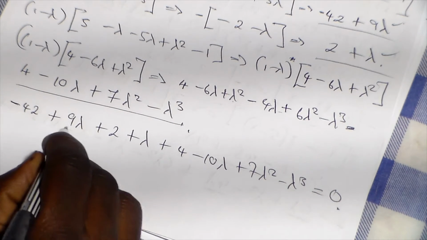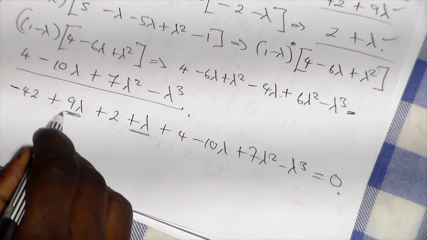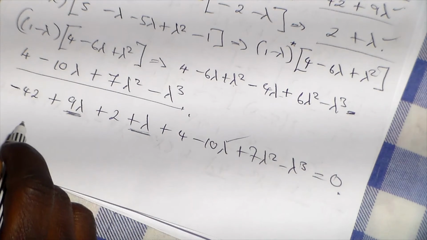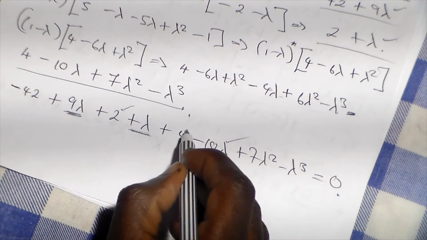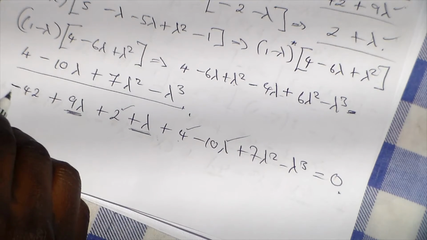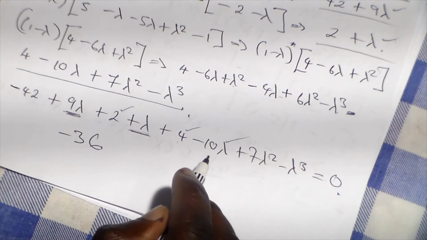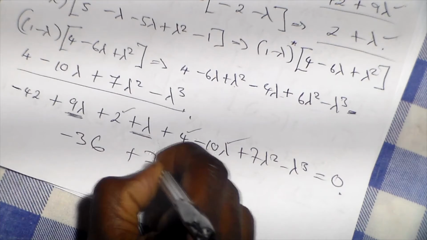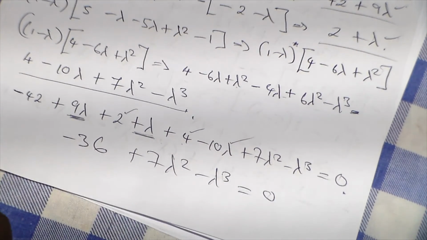So we are saying 9 lambda plus this lambda minus 10 lambda will get a 0. And then 2 plus 4 is 6, and 6 minus 42 is minus 36. Then we have minus 36 plus 7 lambda squared minus lambda cubed is equal to 0.